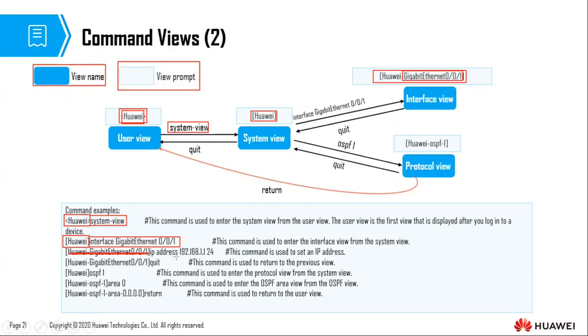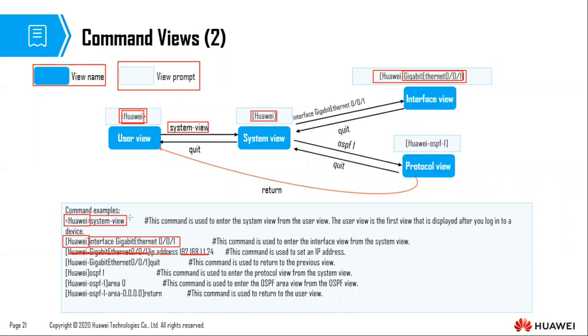And this command here is used to configure the IP address. So ip address, then the address 192.168.1.1, then space, then the mask. We're going to talk about the mask later.